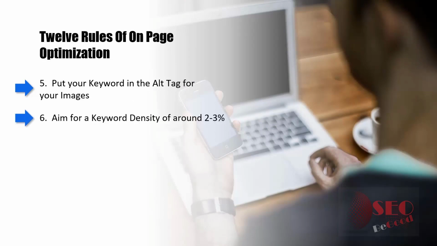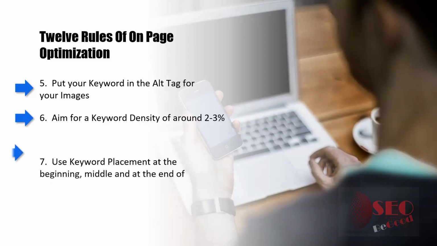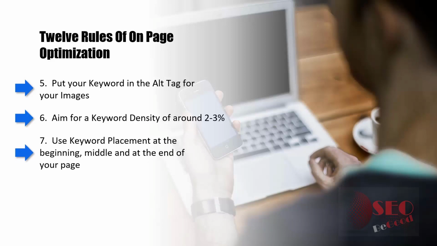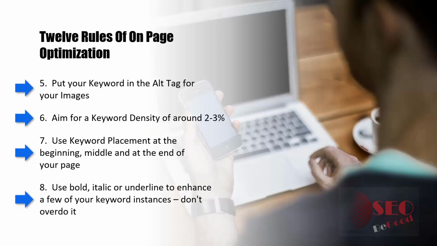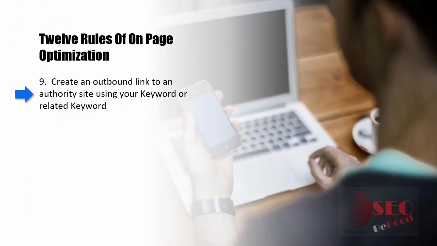Aim for a keyword density of around 2 to 3%. 7. Use keyword placement at the beginning, middle, and at the end of your page. 8. Use bold, italic, or underline to enhance a few of your keyword instances. Don't overdo it. 9. Create an outbound link to an authority site using your keyword or related keyword.